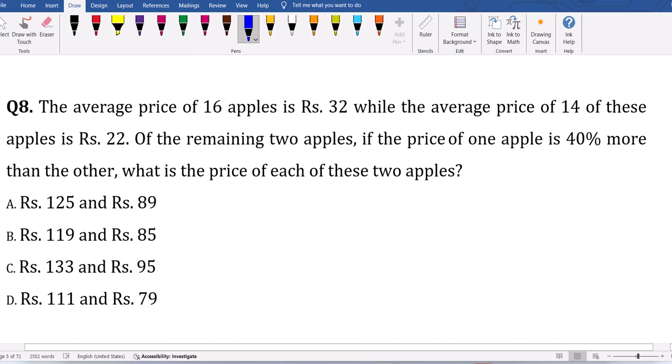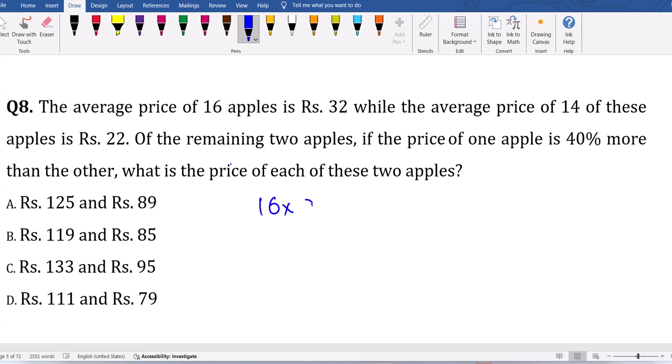Now one more question related to averages. The average price of 16 apples is 32. The average of 14 is 22. If you want the remaining two, first 16 and this 14, you remove.